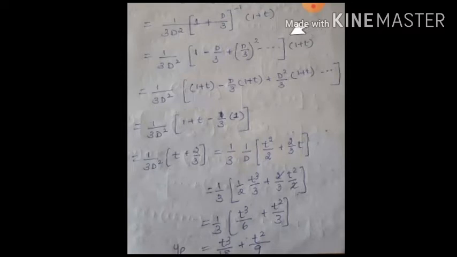Now what can we write? 1 plus t should be multiplied with 1 minus D by 3 of 1 plus t, D square by 9 into 1 plus t. So the second derivative of 1 plus t is 0.